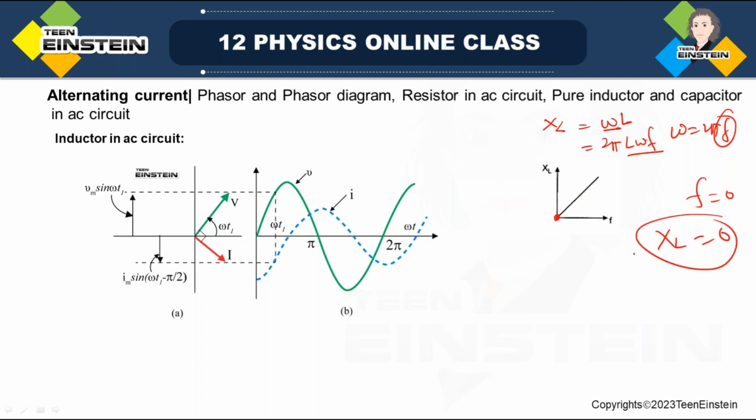What does this mean? This means the inductor coil does not oppose the current.